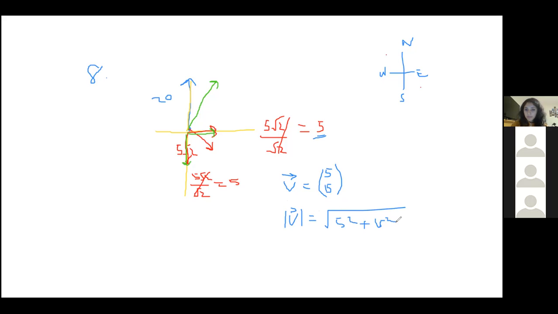That's 15 squared, so 25 plus 225, which is 250, and that is 5 root 10. So this is the magnitude.